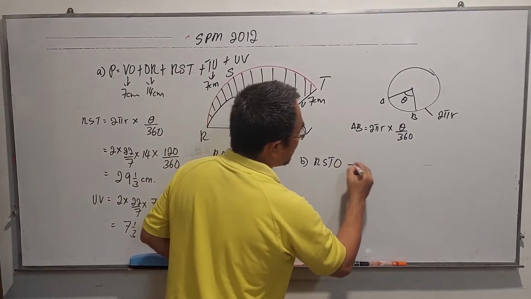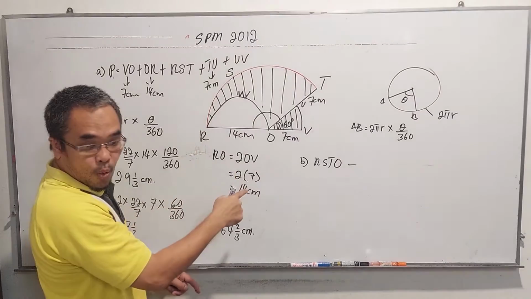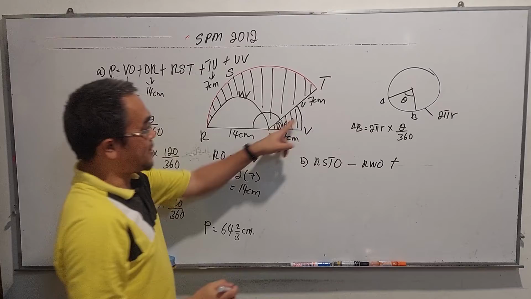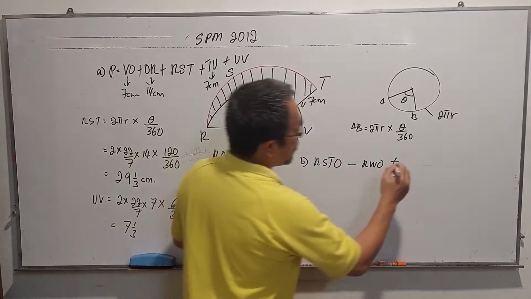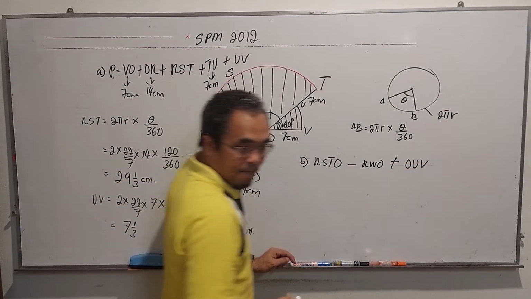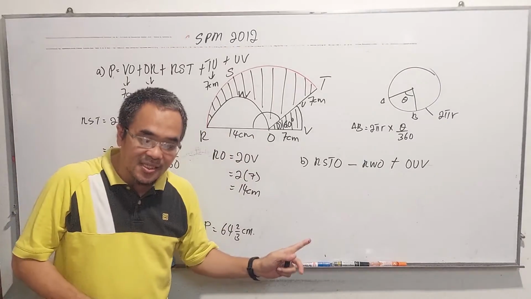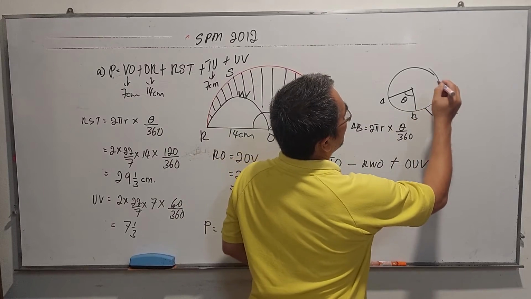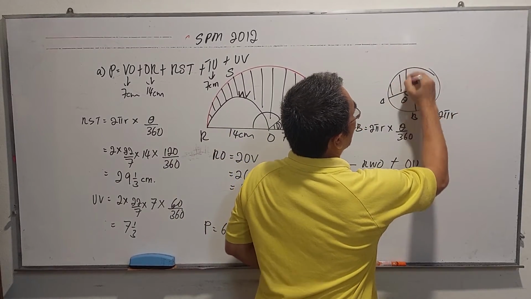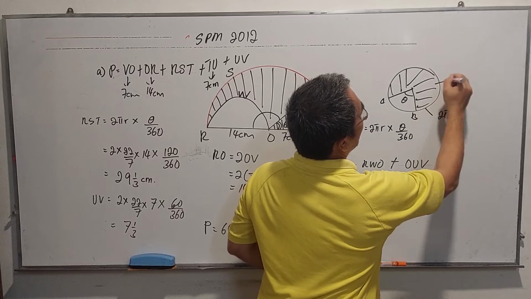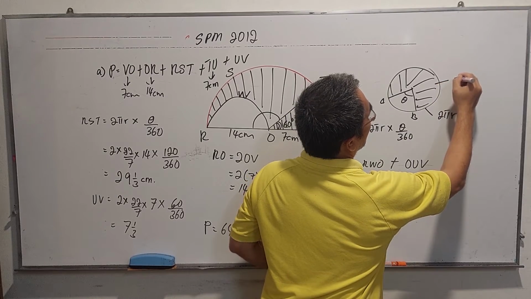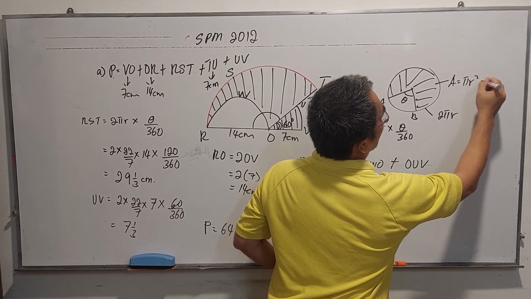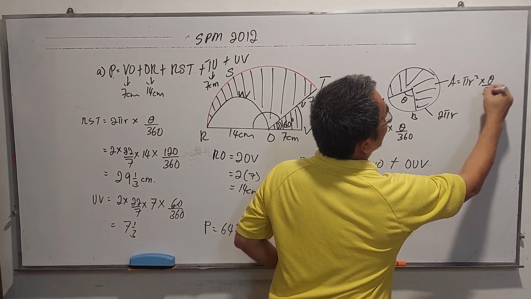Then you have to minus RWO. Then you add this part, OUV. So all these are sectors. What is the formula of sectors? The area of a sector is pi r squared times theta over 360.